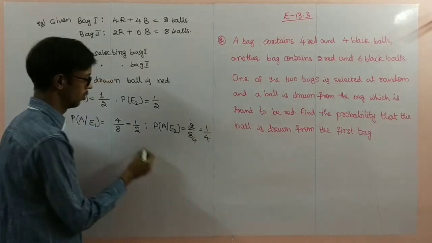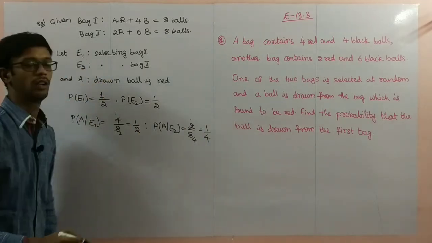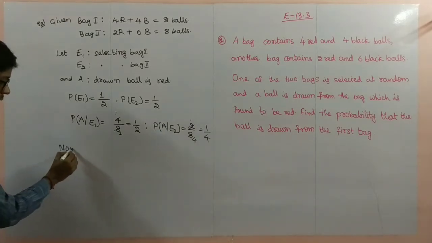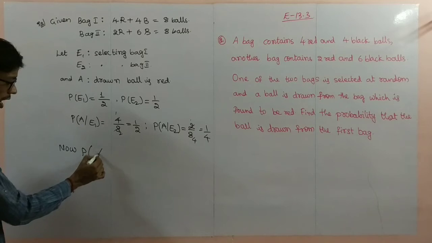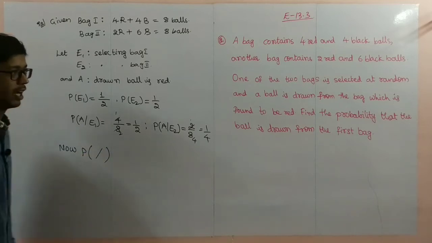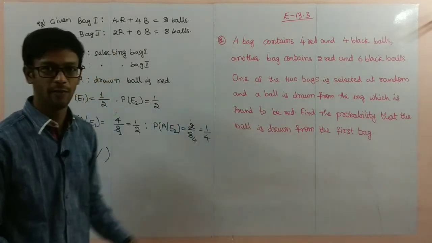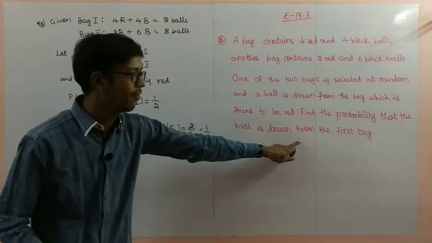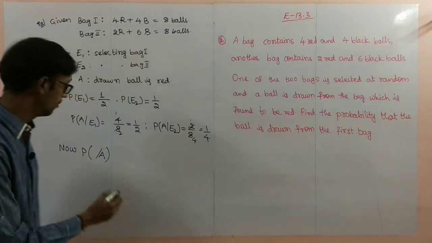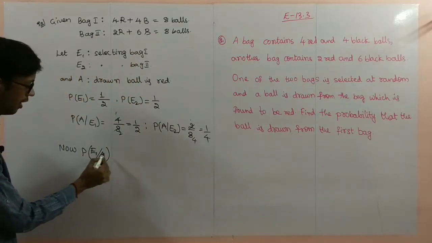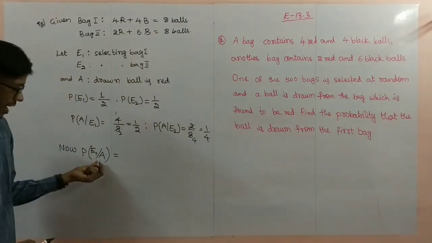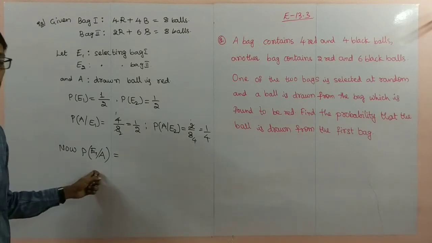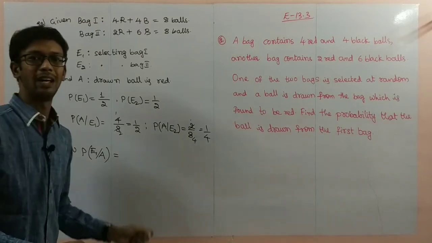Now we have to find the probability of E1 given A. Already the red ball is fixed here. Here the red ball is from bag 1, the first bag, that is E1. Red ball from the first bag. Probability is by using the Bayes theorem.